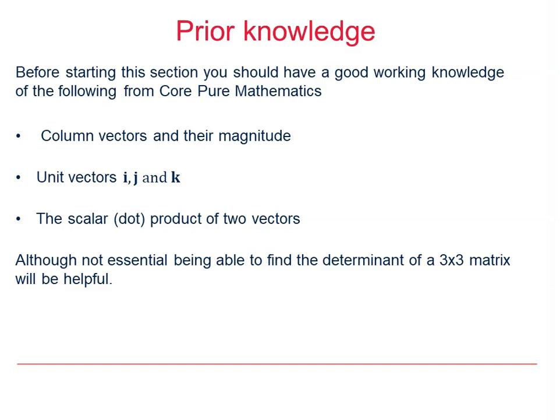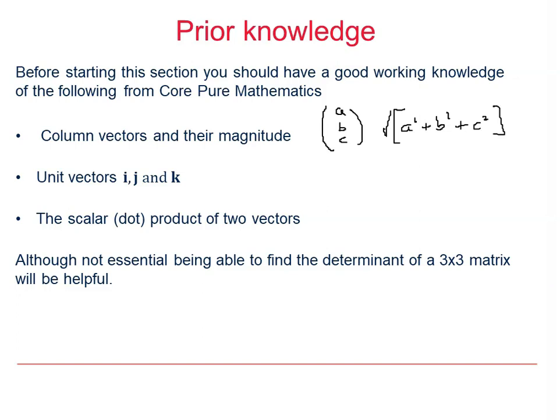Before you continue with this set of videos, you need to be familiar with the following ideas from your core pure mathematics. Firstly, the idea of a column vector (a, b, c) in 3 dimensions, and being able to calculate its magnitude by the extended Pythagoras' theorem, a squared plus b squared plus c squared.